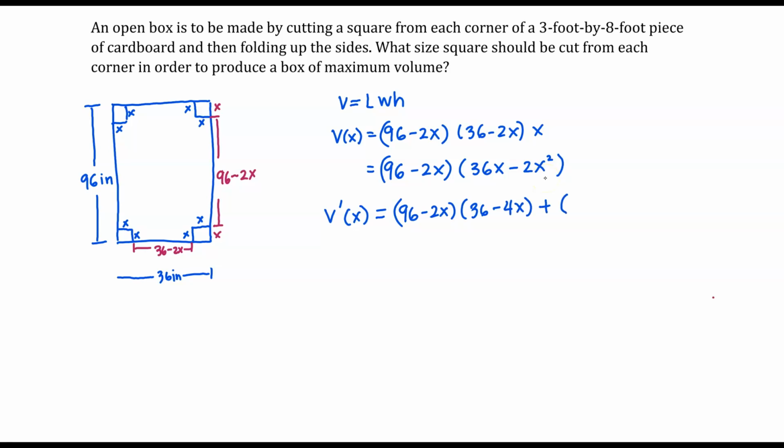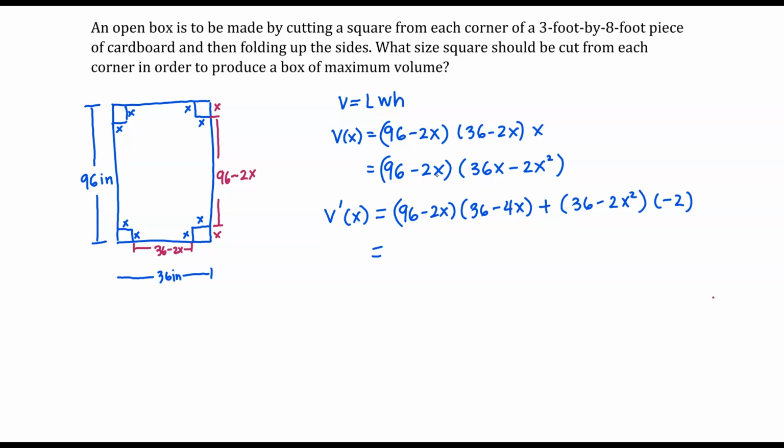Plus, copy the factor 36x minus 2x squared, times the derivative of the first factor. The derivative of 96 is 0, and the derivative of negative 2x is negative 2.